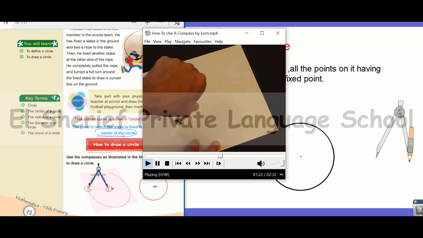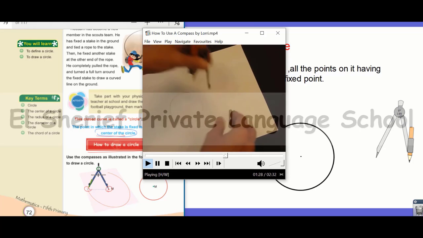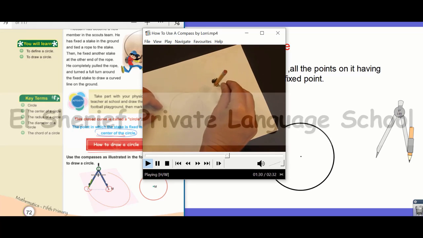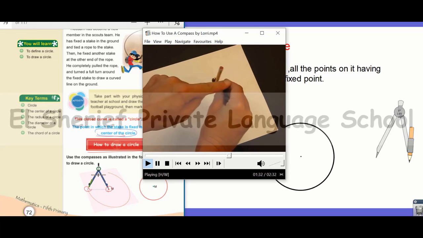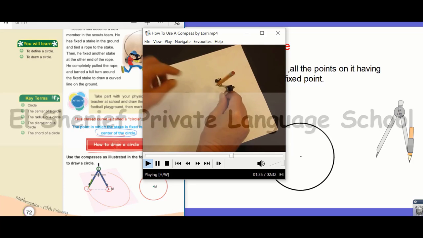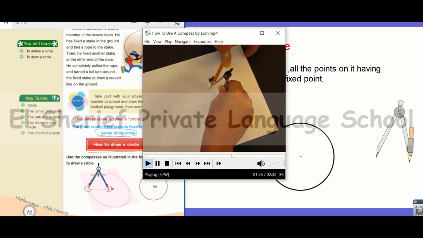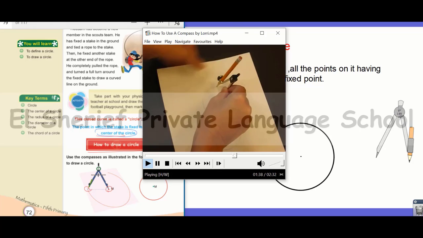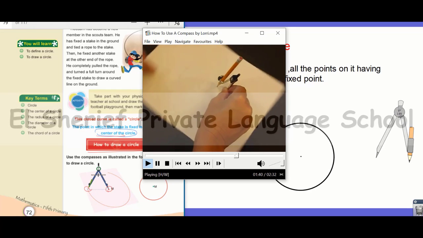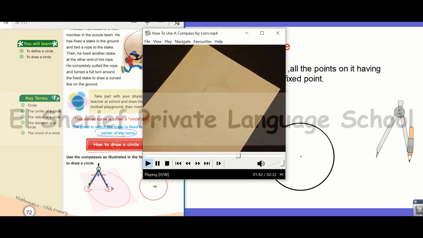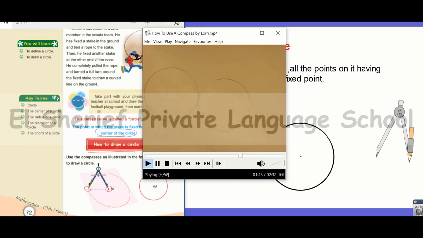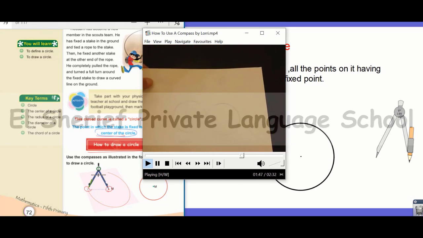And I put pressure, I'm holding the handle at the top, but I'm putting pressure on the point and I'm turning the pencil around. But for those of you that are new to this, I would hold the point, the handle or the point down and bring my pencil around, and actually by just holding the point down, I can just turn my paper, and there I have drawn two circles.